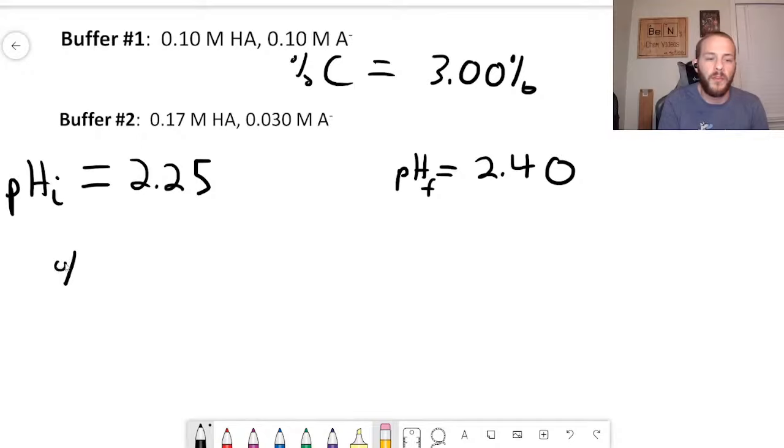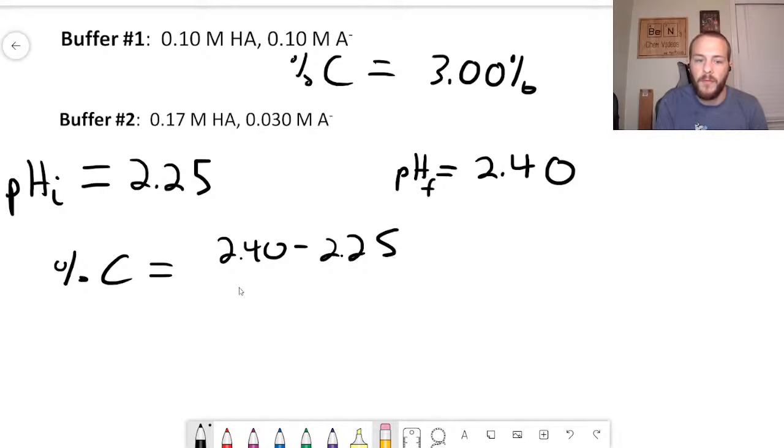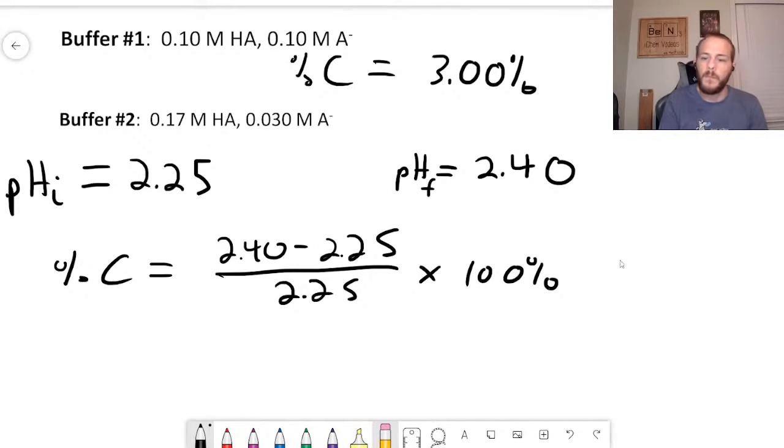The percent change is going to be 2.40 minus 2.25, divided by 2.25, times 100%. Let's see, 2.40 minus 2.25 over 2.25 times 100. The value that I got was 6.67%.